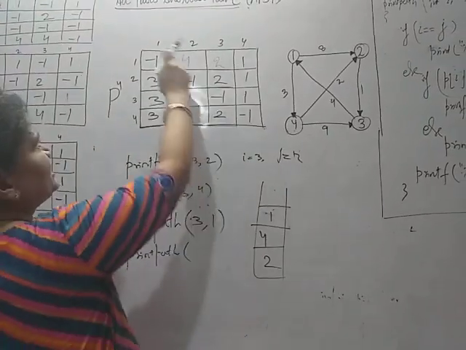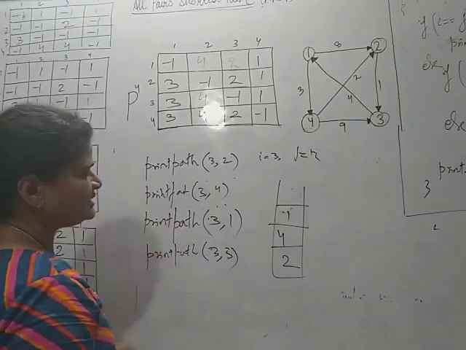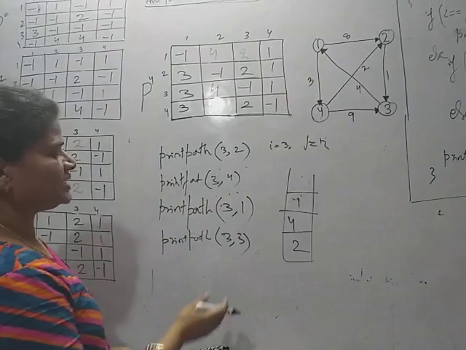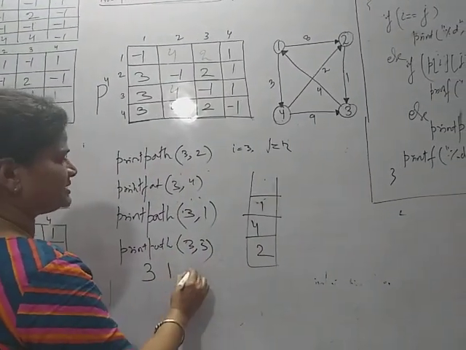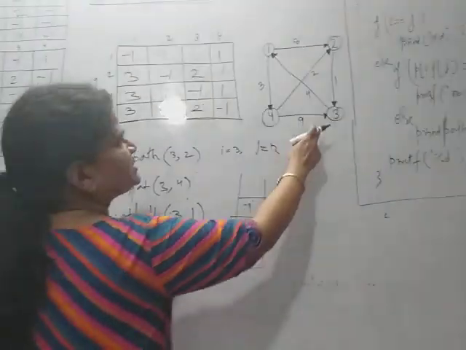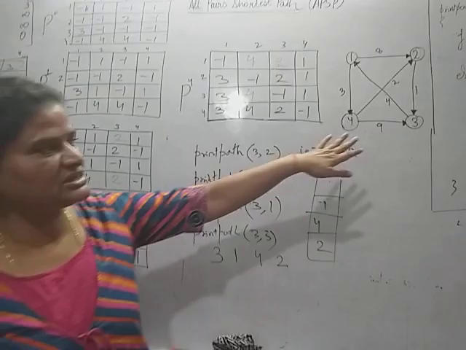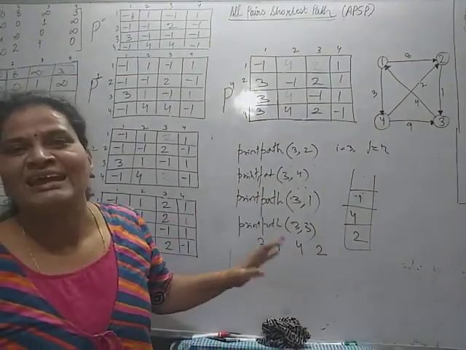Then simply 1, and then 3, 3. It will call 3, 3, and 3 is equal to 3, so the function terminates and it will write 3, and everything will be popped: 3, 1, 4, 2.